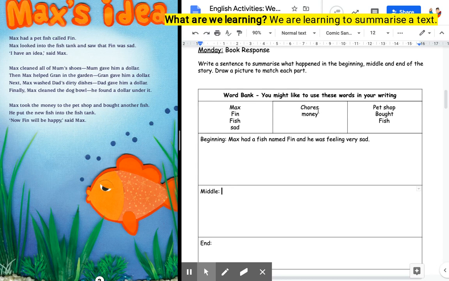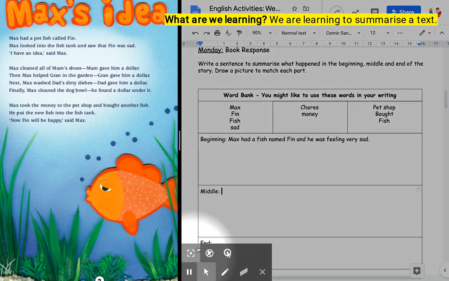Let's have a look at our keywords for the middle of the story. Let's use my highlighter. I need to use the words chores and money. Max did lots of different chores around the house to make some money.